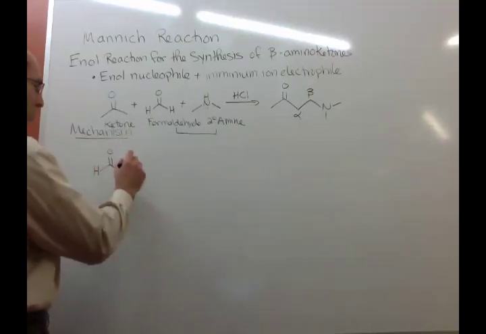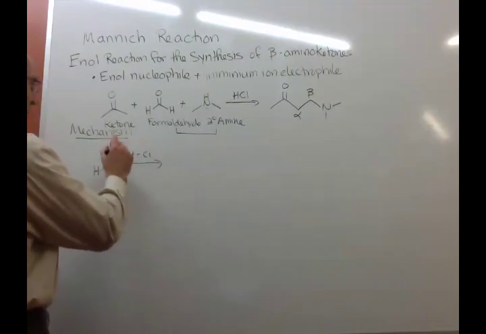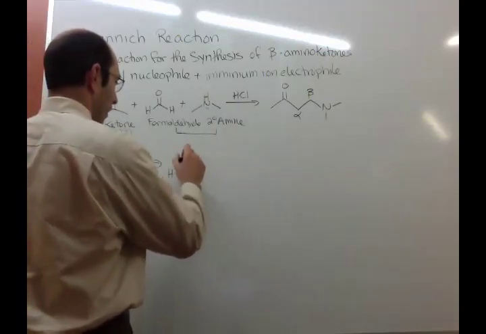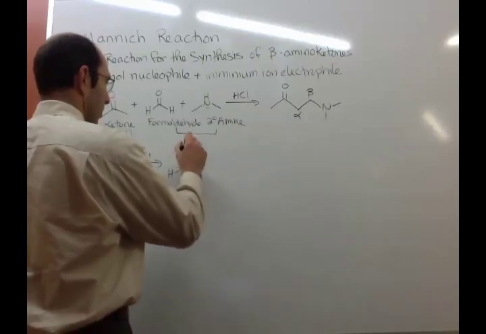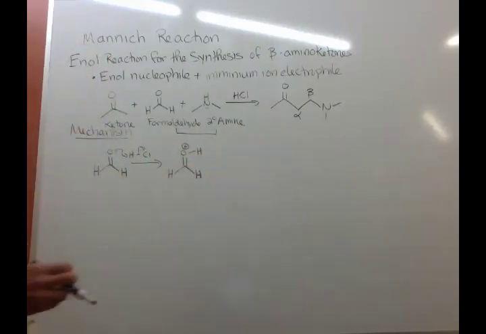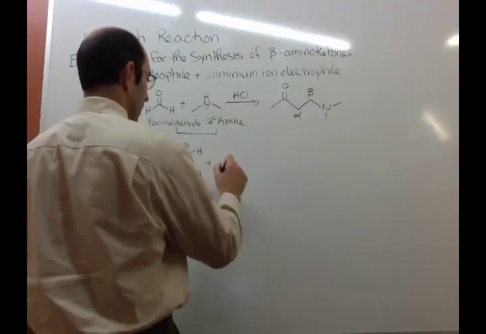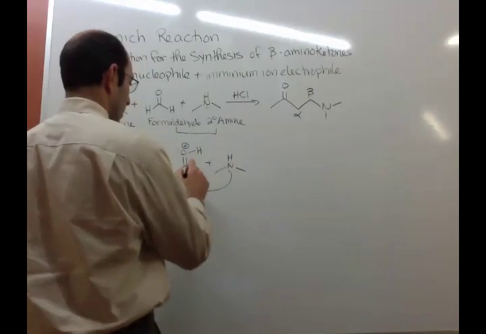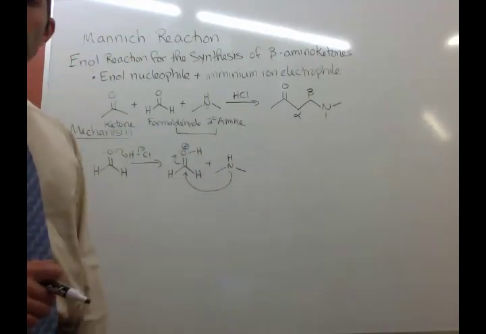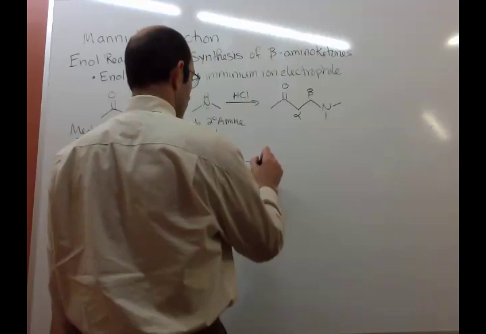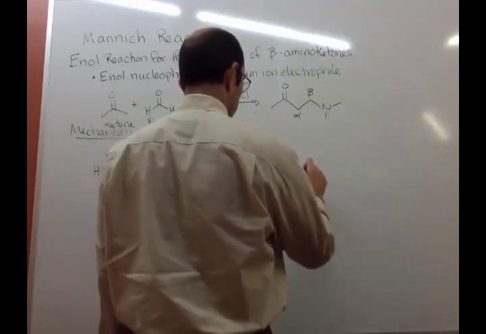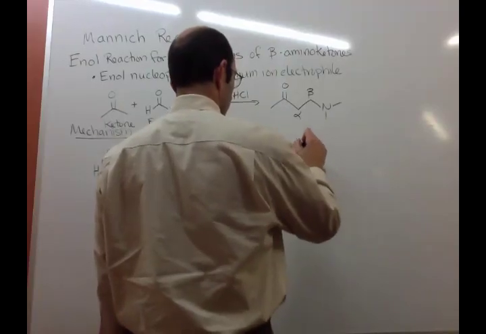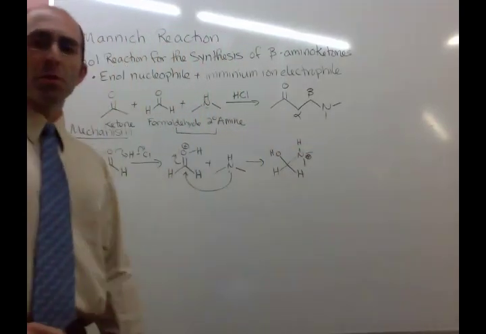So, as usual, when we have a carbonyl and acid, let's first protonate the carbonyl. And once we've activated formaldehyde, we can add the secondary amine. And then we can just do our standard carbonyl chemistry. Alright, so there's our tetrahedral intermediate.